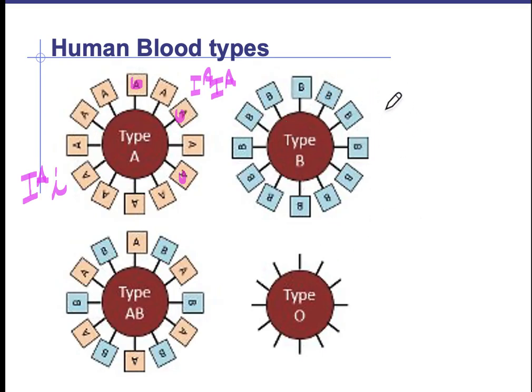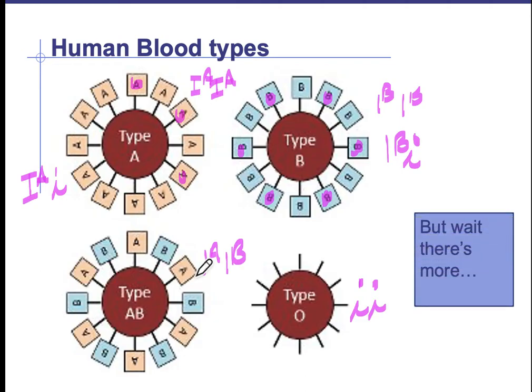This is a B person, so they're going to have I^B I^B. And again, if some of these were not present, that would make him or her an I^B i. This is type O. Type O has no antigens, so they look like that with the genotype ii. And then this is your AB guy. This person has no choice. They are going to be I^A I^B. No option of the O blood type showing up at all.